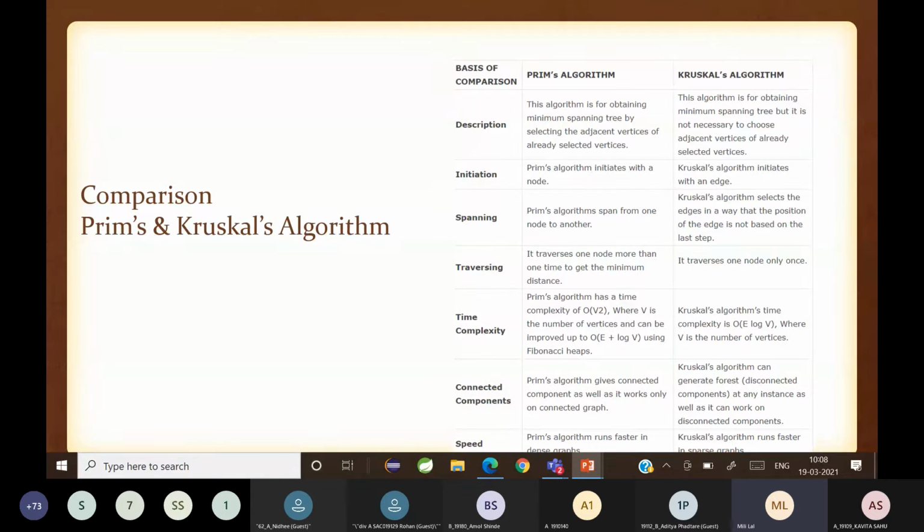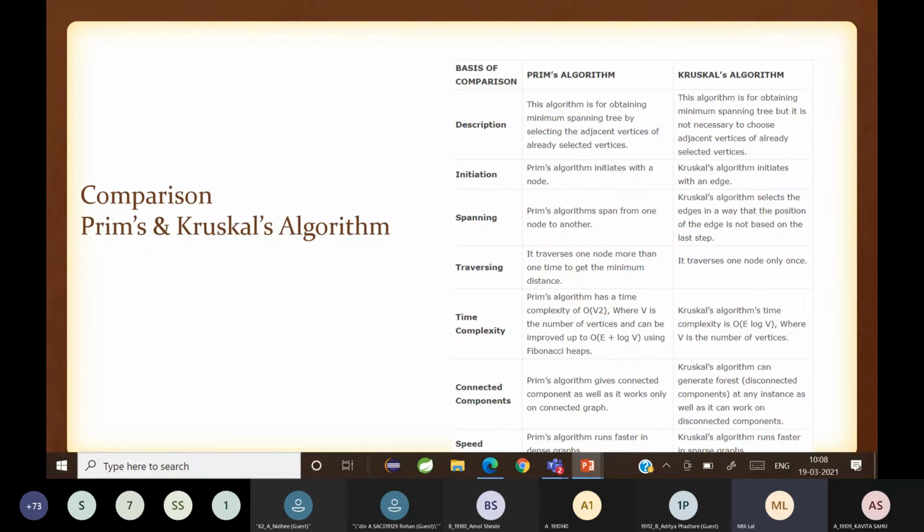Whereas in Kruskal's, you don't choose the adjacent vertices of already selected ones. Instead, you sort the edges and select the edge based on its minimum weight. Okay, so initiation, how you start with the algorithm. Prim's algorithm starts with a node. You select any node, whereas Kruskal's starts with an edge. You start with a minimum edge.